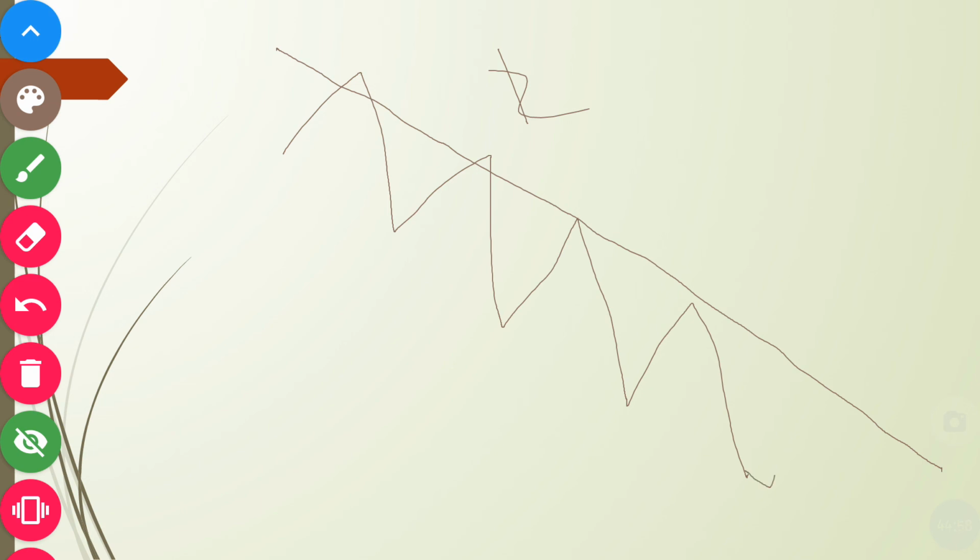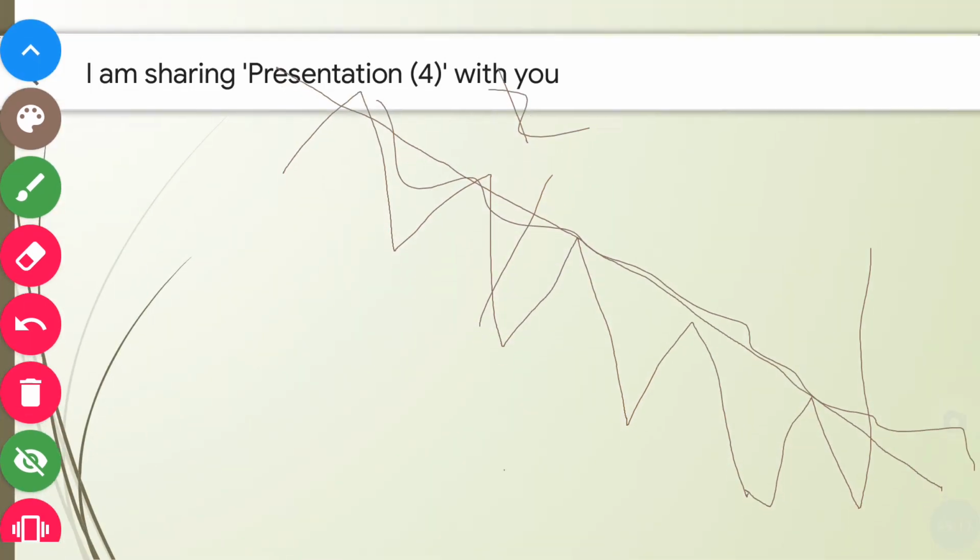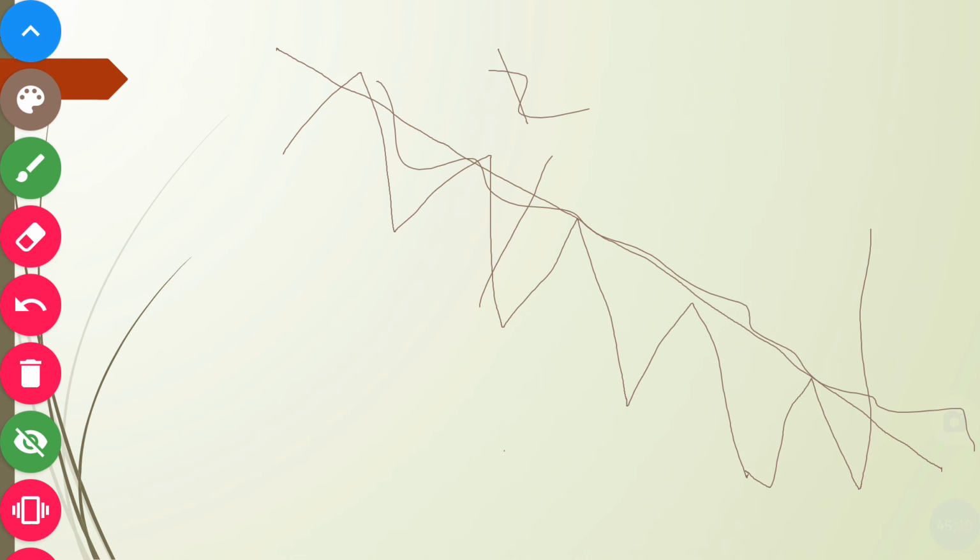Now, if this trend line gets broken up, this trend line has been invalidated because it has been broken up. What we'll be waiting for is price should retrace back down and continue on an uptrend.